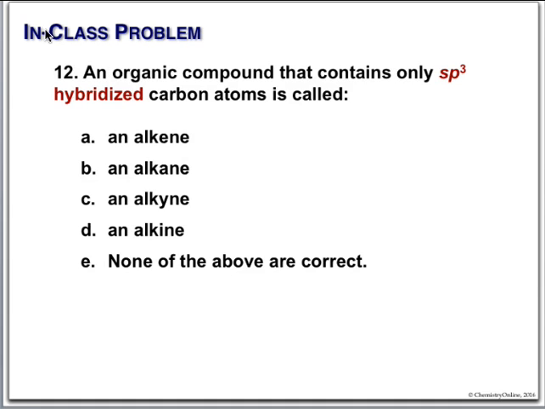Organic chemistry. We love organic chemistry. If we only have sp3 hybridized carbons, now what in the world, let's think about what that means. That means we have 1 s orbital, 3 p orbitals, we hybridize them together to make 4 equal orbitals.